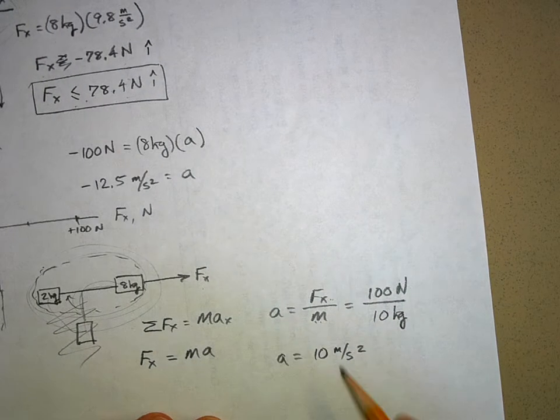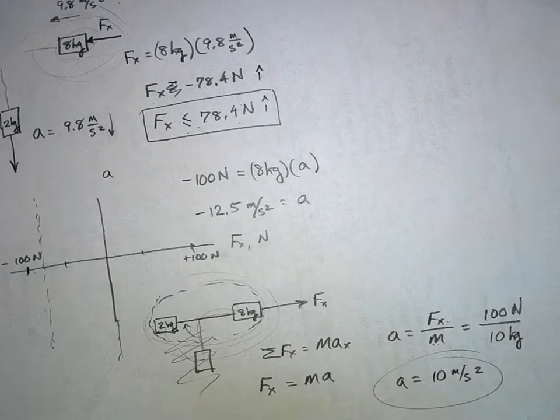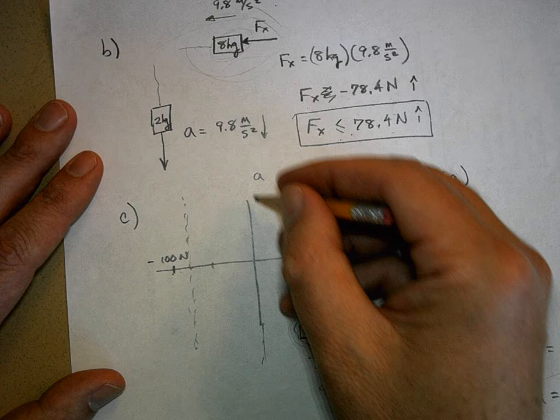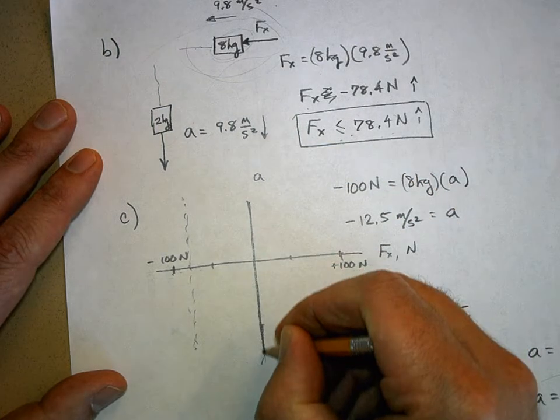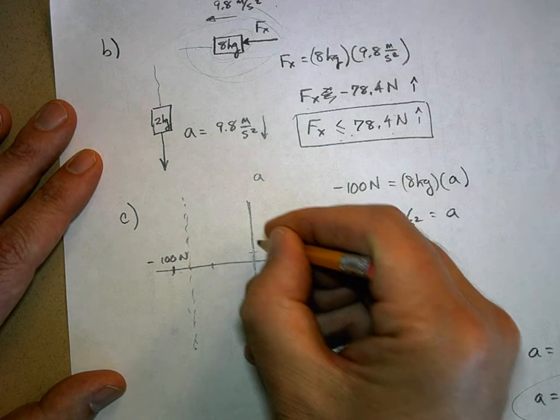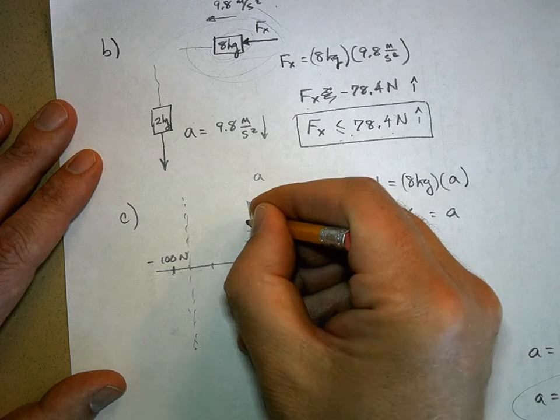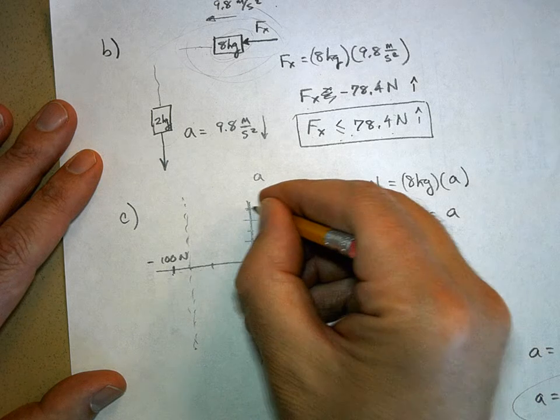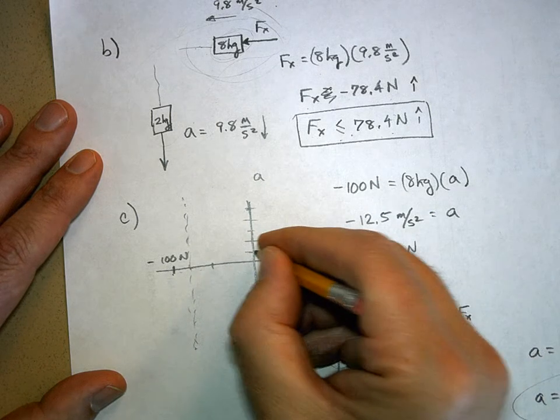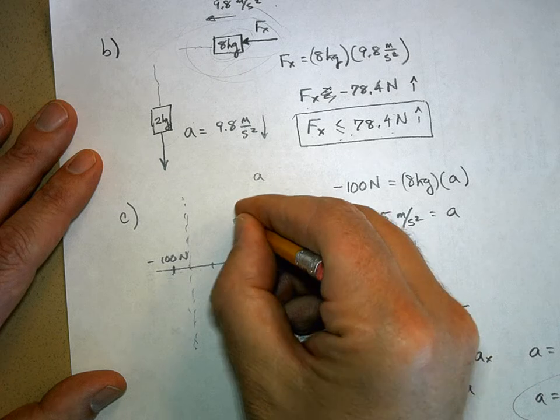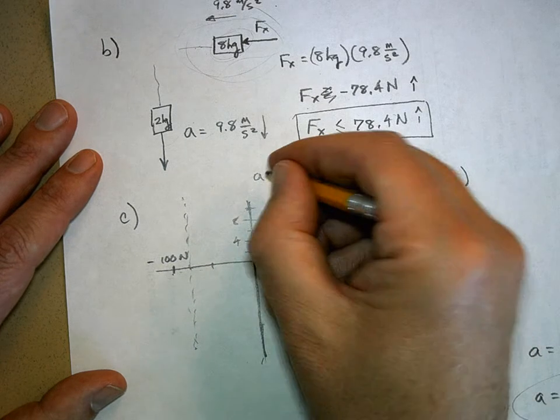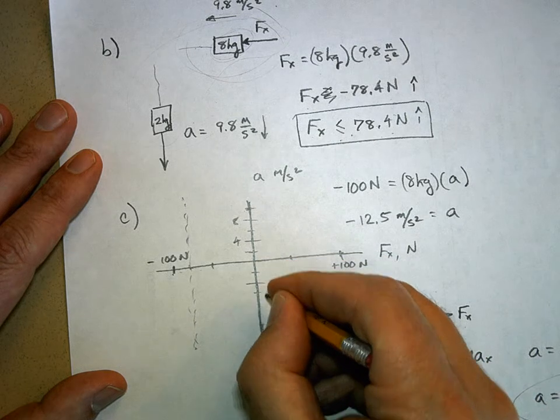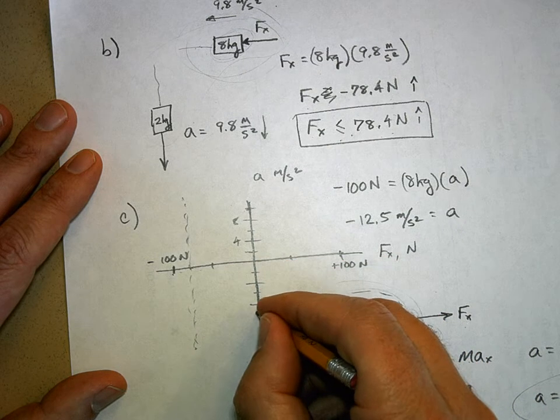So I have this value, and so what I'm going to do now is scale my acceleration axis. 2, 4, 6, 8, 10, and this is in meters per second squared, and 2, 4, 6, 8, 10, 12.